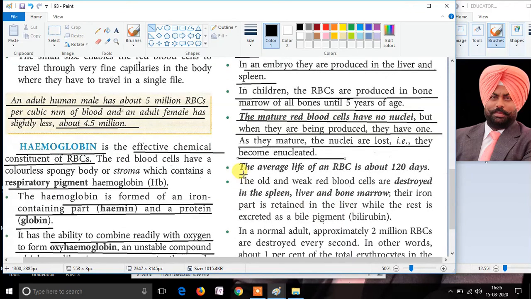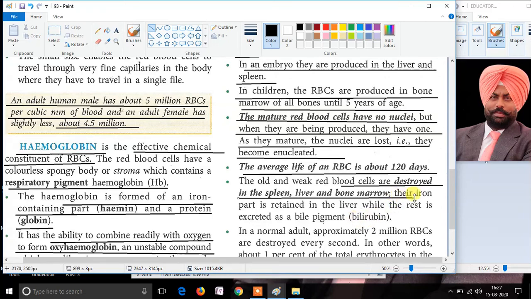The average life of the red blood cell is about 120 days. After 120 days, the RBCs die of themselves, and the dead RBCs are destroyed in the spleen, or in the liver, and sometimes they are also destroyed in bone marrow.